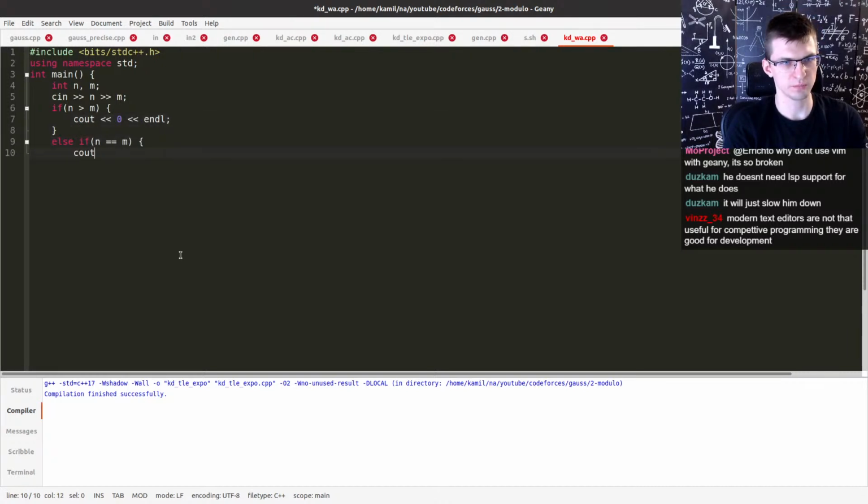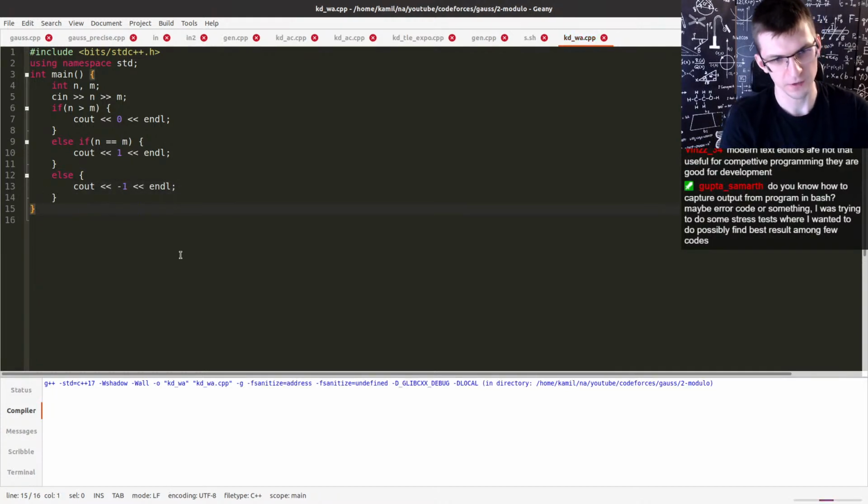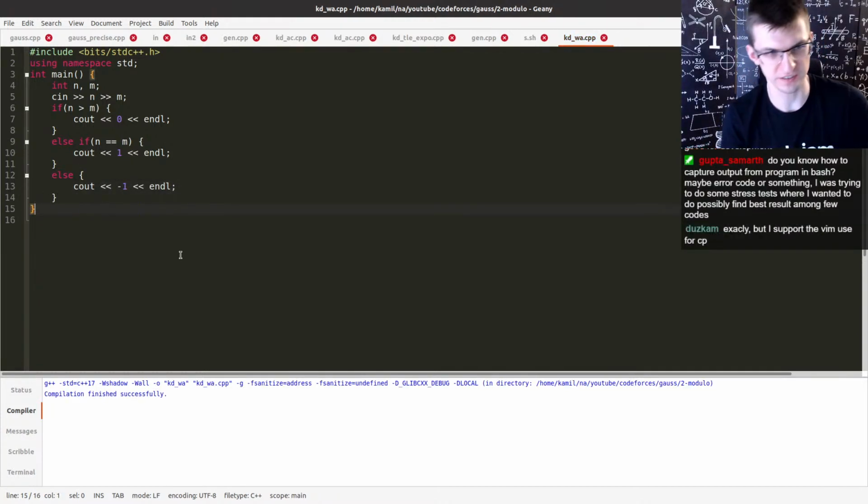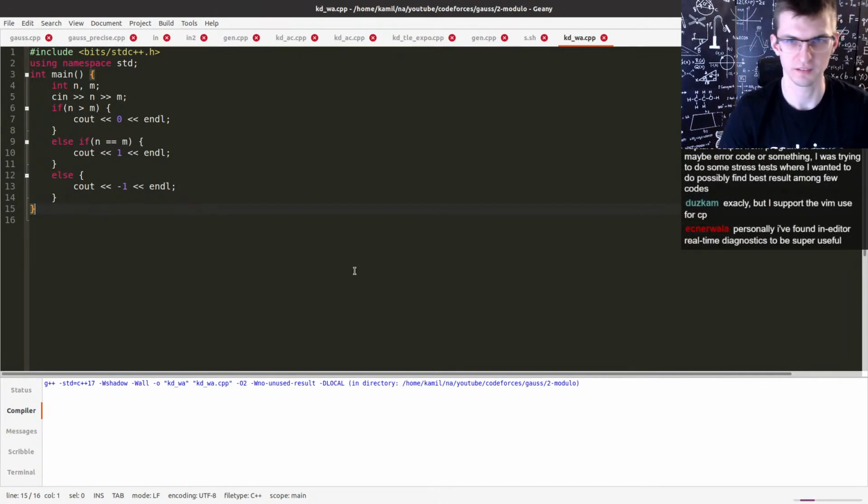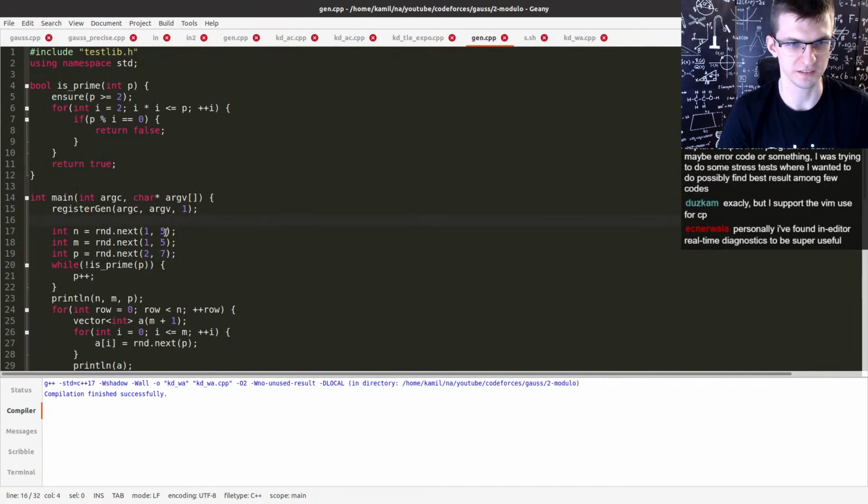If there's equality, print 1. Else print -1, because there are a lot of solutions. For random tests, I won't be surprised if this works, like for every random big test.